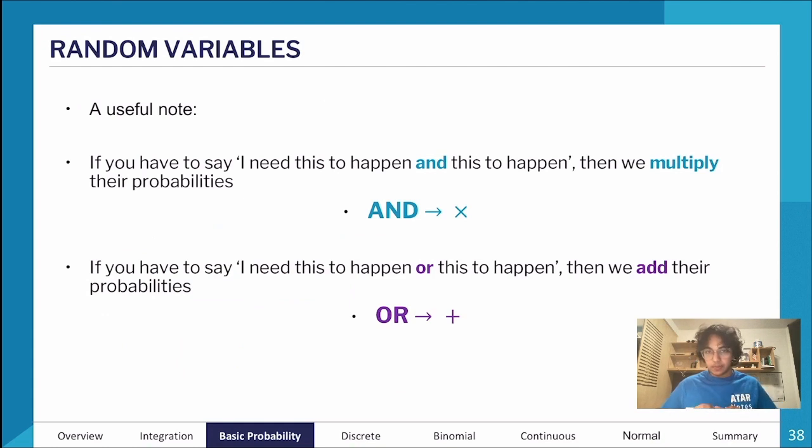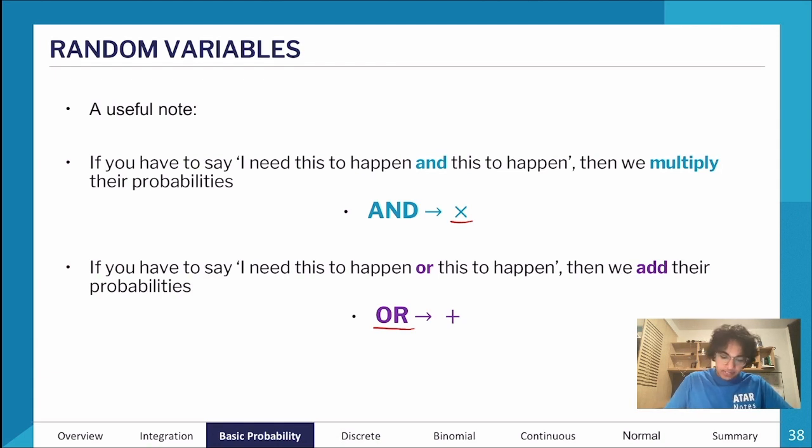Another useful note to know is that if you have something with the word and, so if I want something to happen and another thing to happen, so for example, the probability of me solving a Rubik's Cube in less than a minute and the probability of it raining, then I multiply them together. When we use or, so the probability of me solving a Rubik's Cube in less than 1 minute or it raining, well, for that you use plus.